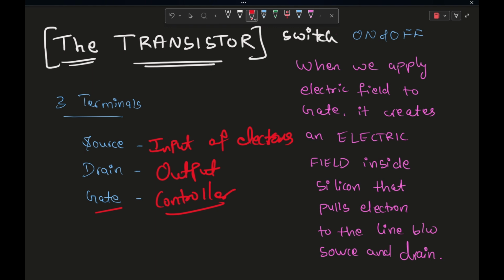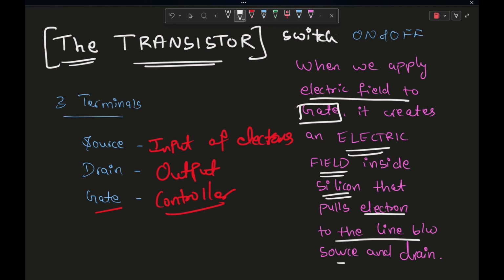This might not be making any sense to you right now, but let's understand. When an electric field is applied to the gate, it creates an electric field in the silicon, which is a semiconductor, and it allows electrons to flow between source and drain.